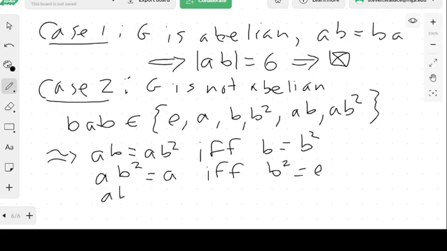Can't have AB squared be B, because then A would be equal to B squared, but the orders are different. So those are all contradictions too.